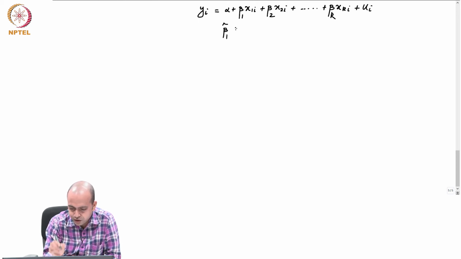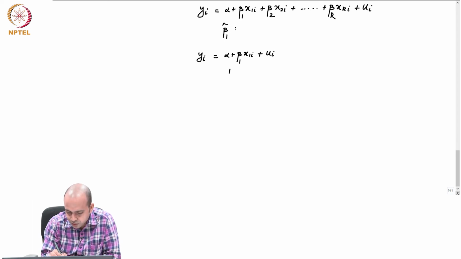Earlier we learned the interpretation of the model yi equals alpha plus beta 1 x1i plus ui. If you do not have any other variable, then in this context how do you interpret?